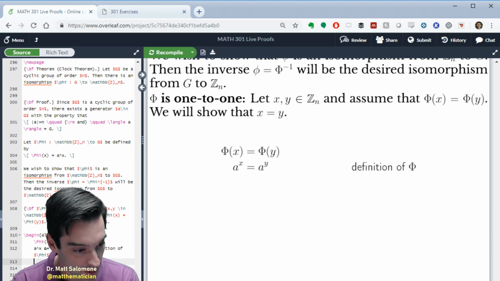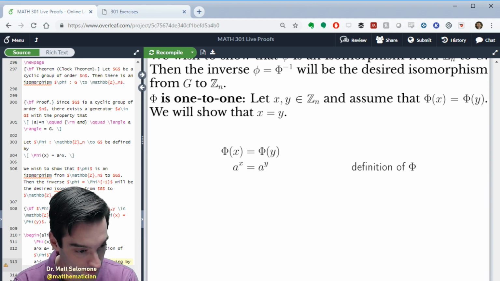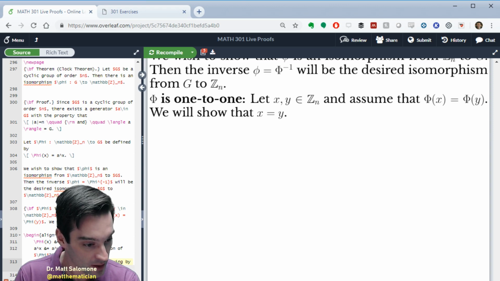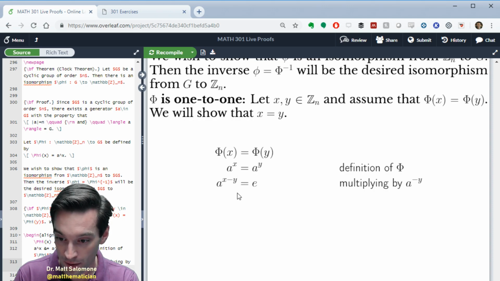And then I just multiplied by a to the minus y on both sides to find that a to the x minus y power is equal to the identity element of my group. So that adds a new line to this part of the proof. And of course, here we go, writing LaTeX code in real time. There's always a couple little errors along the way. So I just multiplied by a to the power minus y.